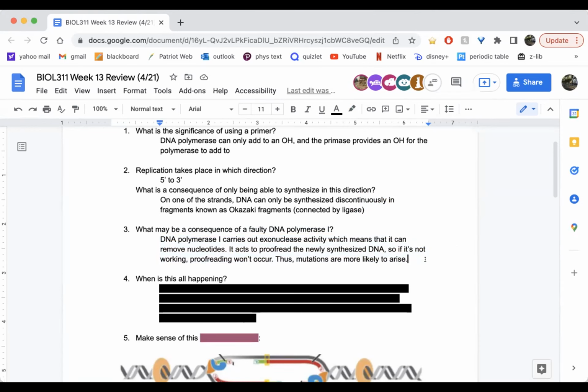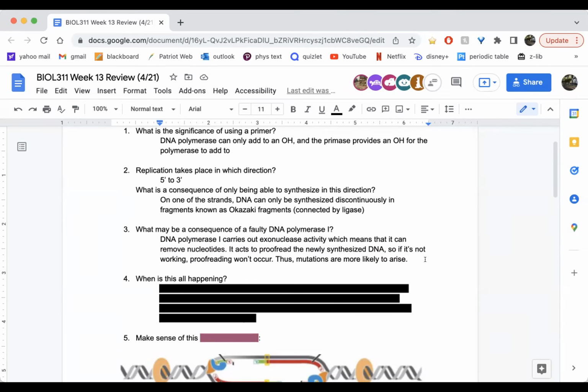And so, yes, Casey, DNA polymerase 1 is the proofreading enzyme. And so it can act as an exonuclease, which basically just means that it can go back and remove nucleotides from our DNA strand that we're synthesizing. And since it can do that, it has the ability to go back and fix any mistakes.